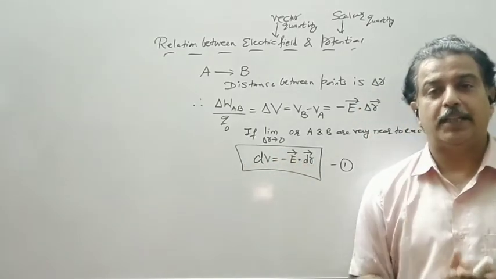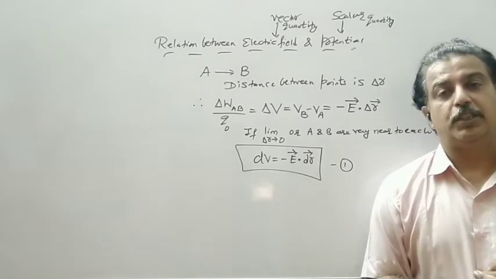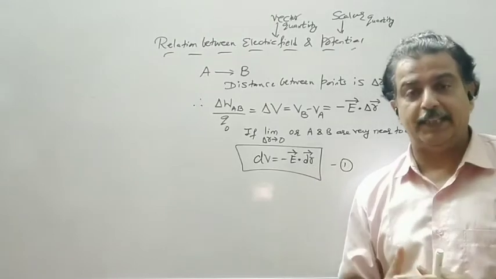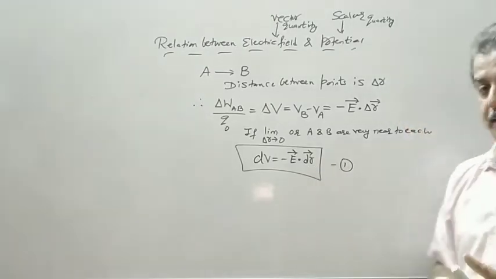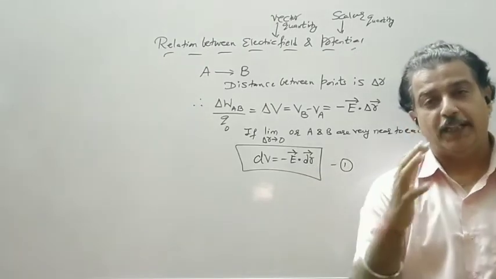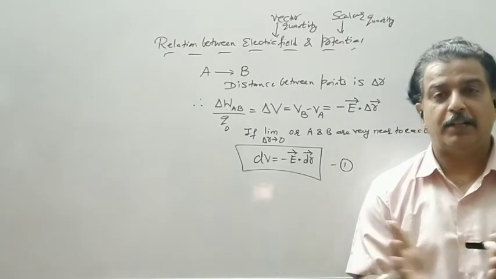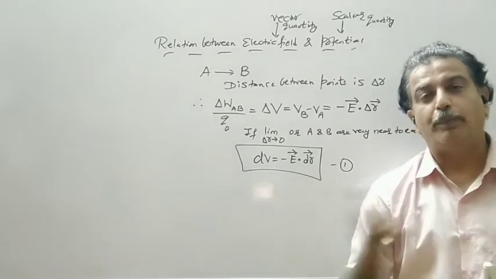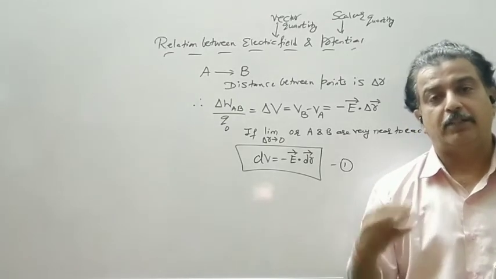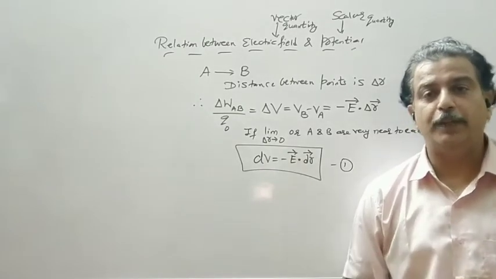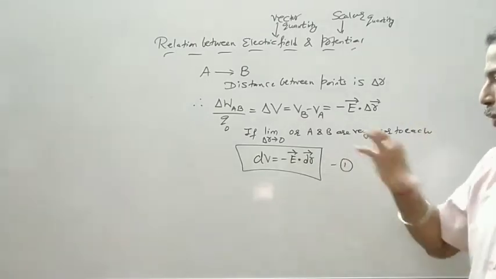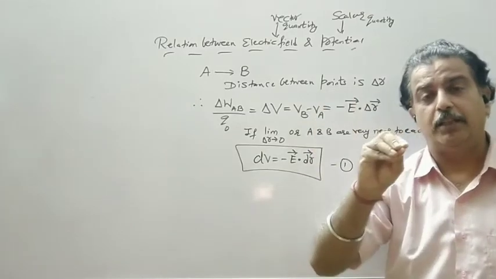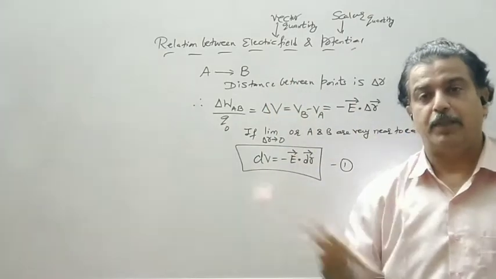Now that was the case when theta was 0 degree, or if theta is 180 degree, you substitute 180. And if you move on an equipotential surface, theta will be 90 degree. So there is no need to move perpendicular to the field; otherwise, the work done comes out to be 0. So that was a simple relation for specific examples.